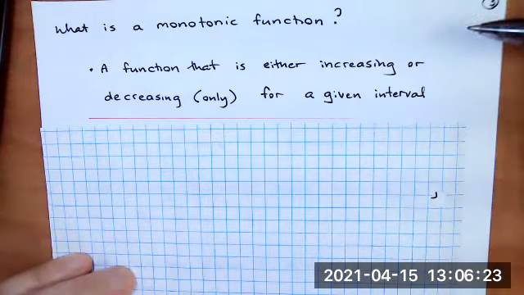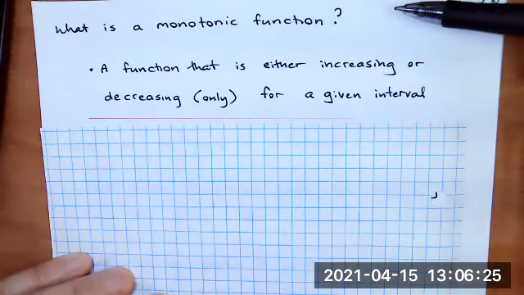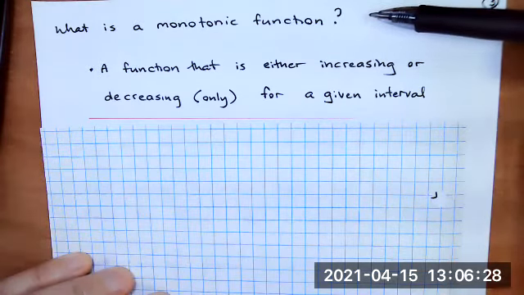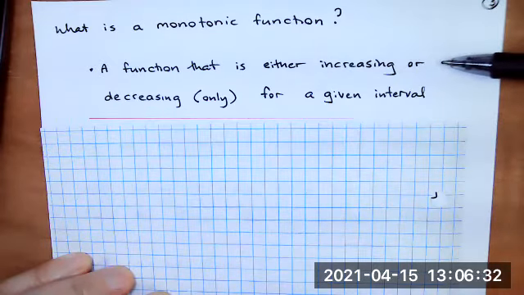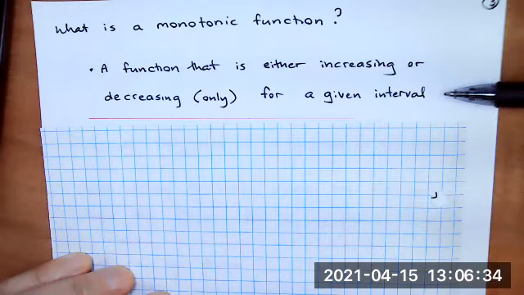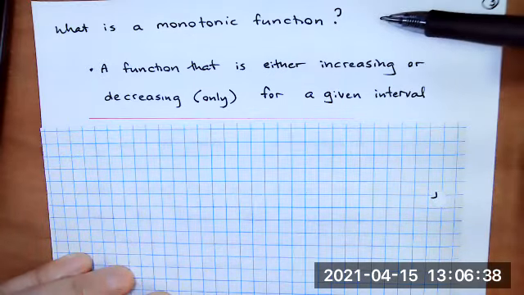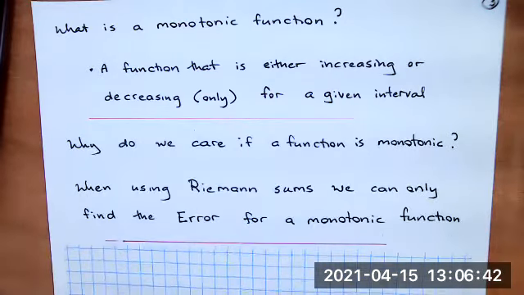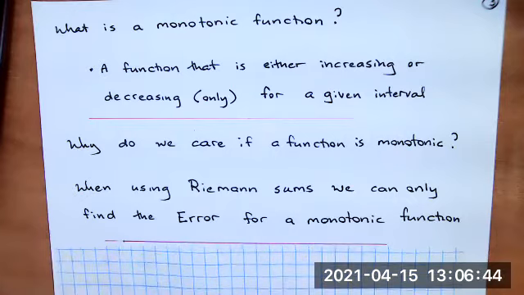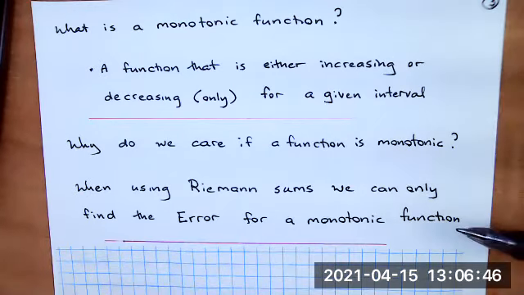All right, let's talk about this definition for a moment. A monotonic function is a function that is either only increasing or only decreasing for a given interval. And why would we care if a function is monotonic? Well, when we're finding a Riemann sum, we can only find the error if the function is monotonic.